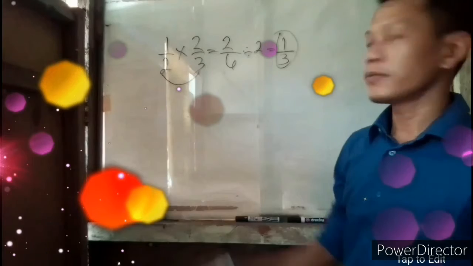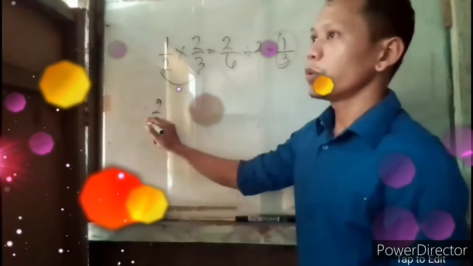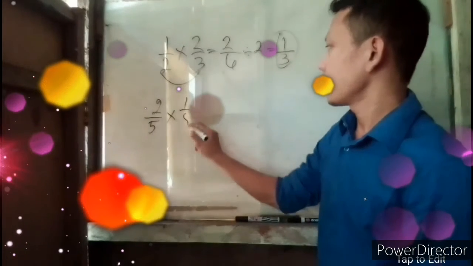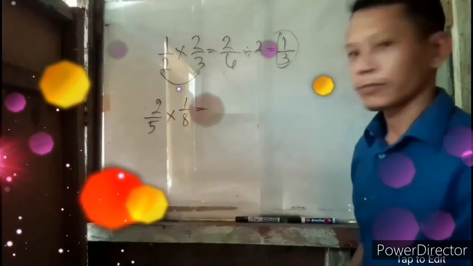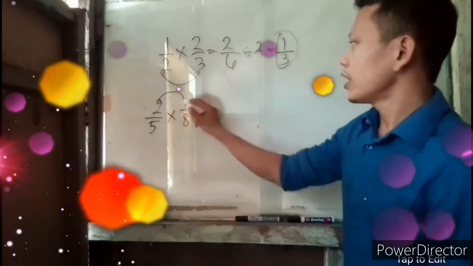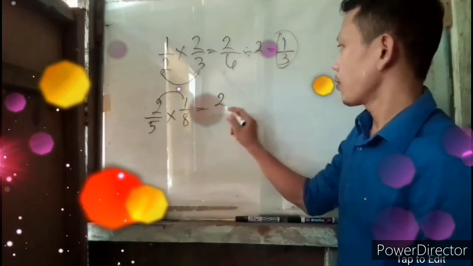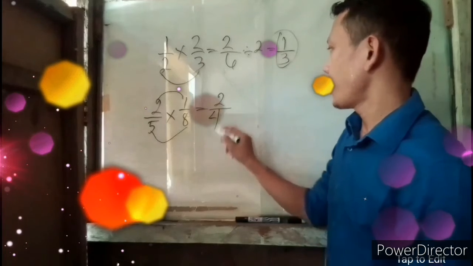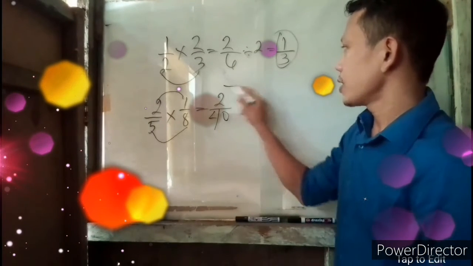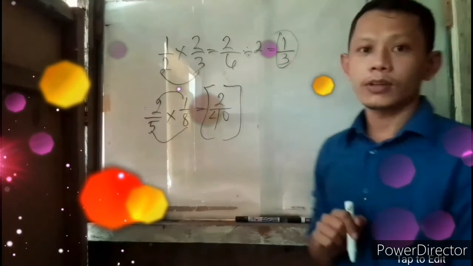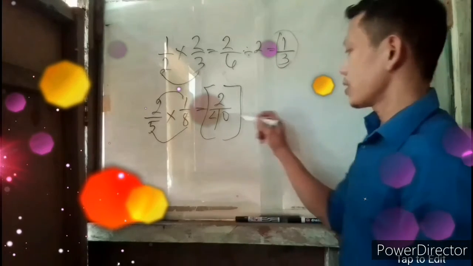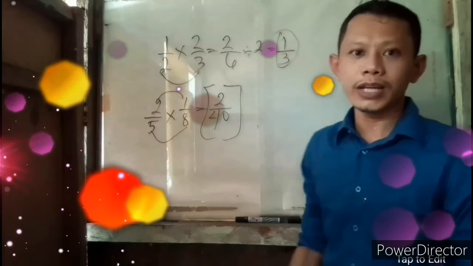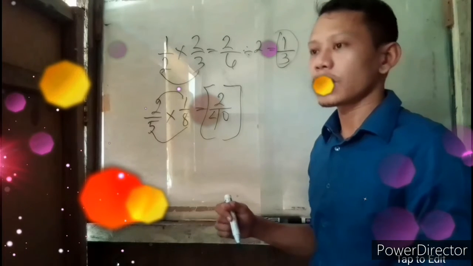Next, we have 2/5 times 1/8. Okay. 2 times 1 is equal to 2. 5 times 8 is equal to 40. Is this our final answer? So no, since we have a common multiple. So what we're going to do now is to simplify into the lowest form.